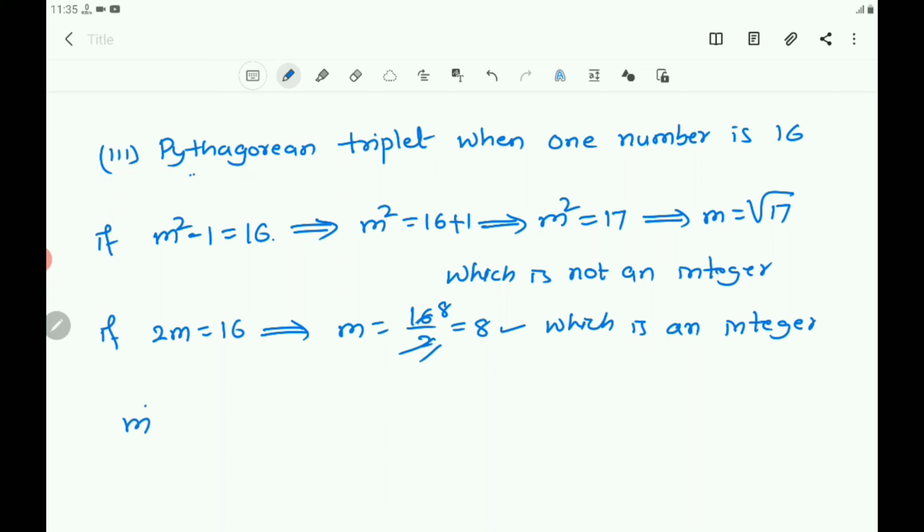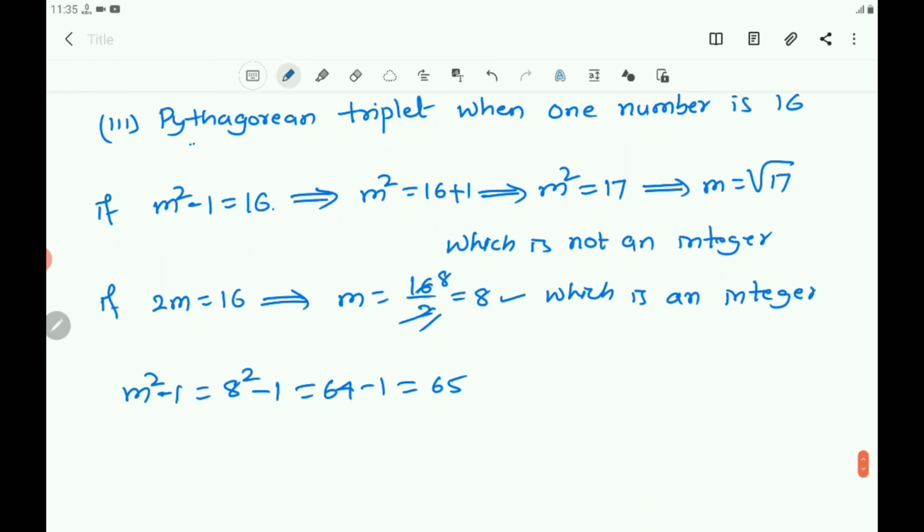Then you find m square minus 1 equals 8 square minus 1, that equals 8 square is 64 minus 1, that equals 65. You got one number 65.